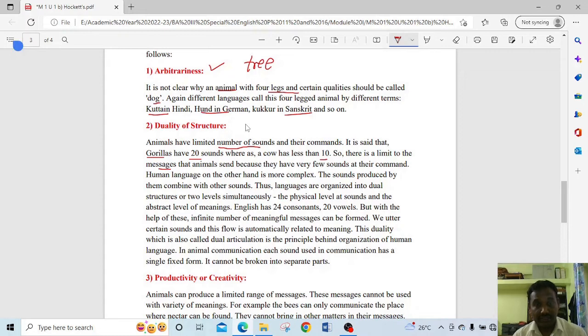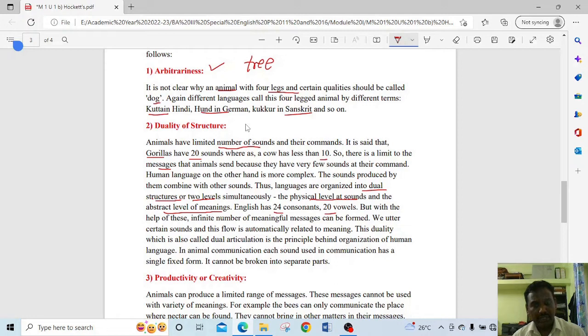But what happens with human language? Human language is organized in dual structures, that is, it has two levels simultaneously: the physical level of sounds and the abstract level of meanings. So out of these 24 consonants and 20 vowels in English, we can create an infinite number of messages.